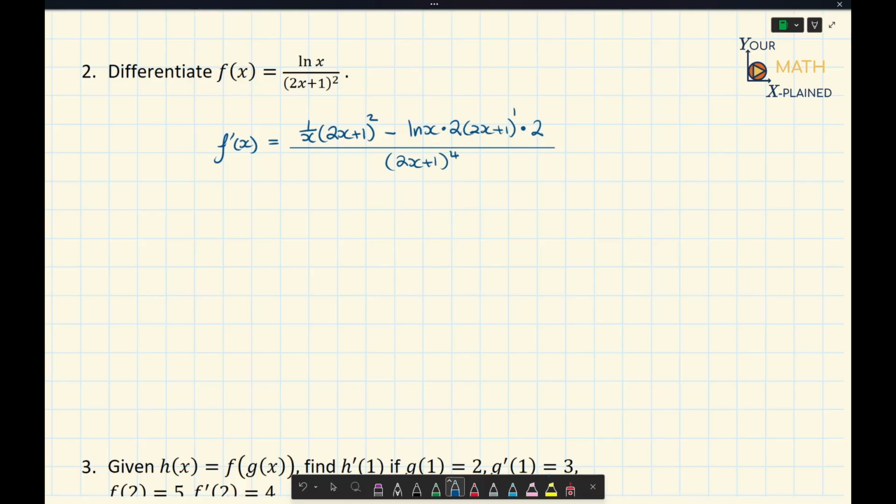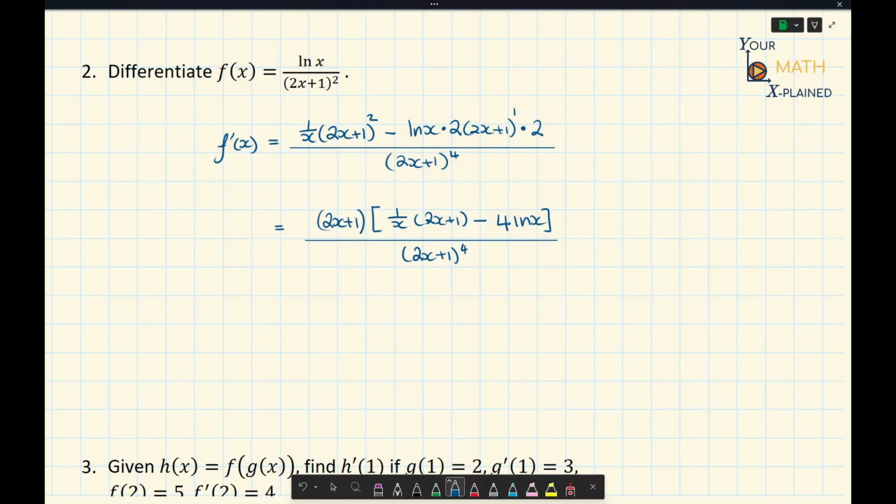In this one, we can't really simplify much further other than to factor out a 2x plus 1 from both of the terms on top. And if we do that, we get 1 over x times 2x plus 1 minus 4 times ln of x. And then our denominator is going to be 2x plus 1 to the power of 4.